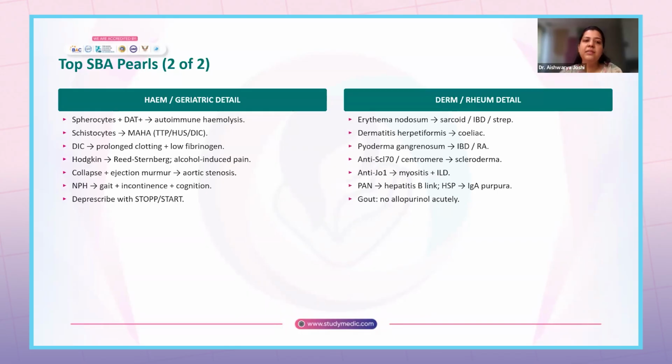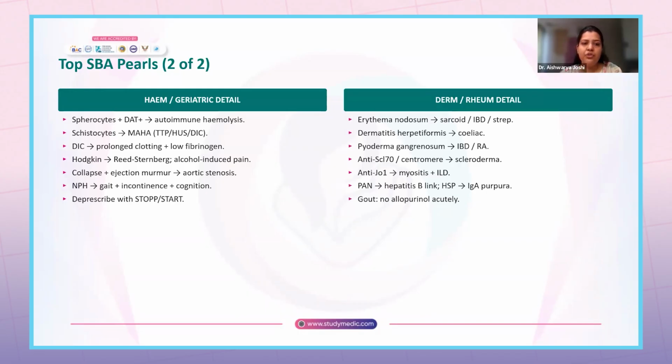Hodgkin disease presents with Reed-Sternberg cells, that is owl eye cells, and has alcohol-induced pain. Individual presenting with collapse and ejection murmur, look for aortic stenosis. Normal pressure hydrocephalus has a triad of gait disturbance, that is ataxia, urinary incontinence, and cognitive impairment or dementia.